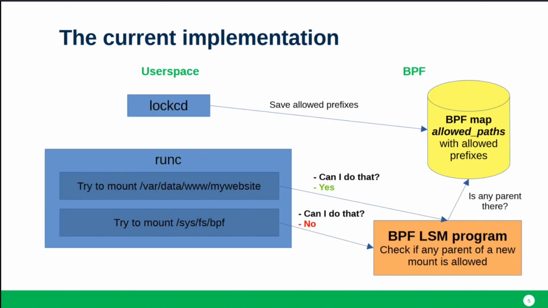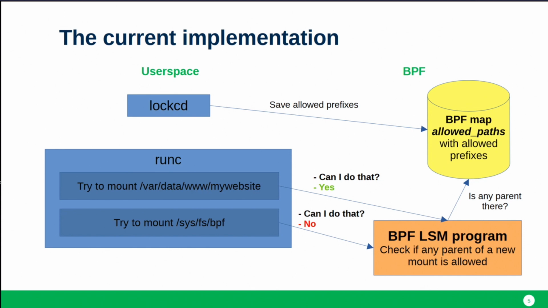And the current implementation looks like in this picture. So in the user space part, in lockcd, there is a configurable list of directories which can be allowed for baseline and restricted containers. Those configured allowed prefixes are then saved in a BPF map.